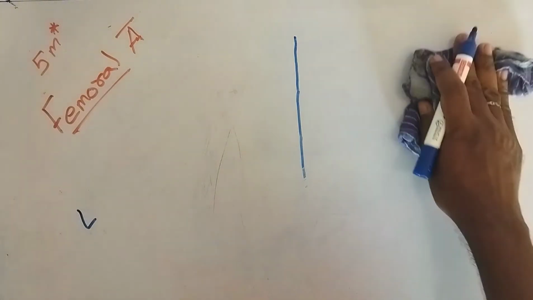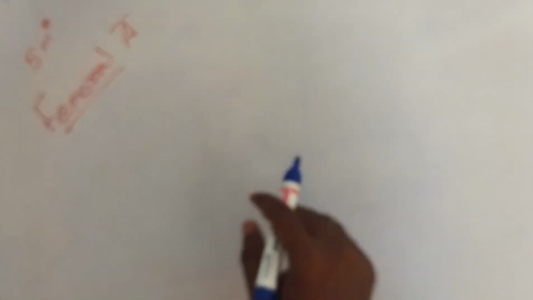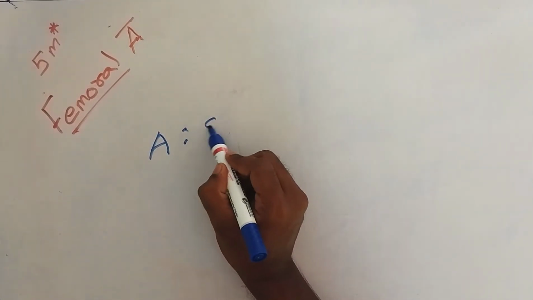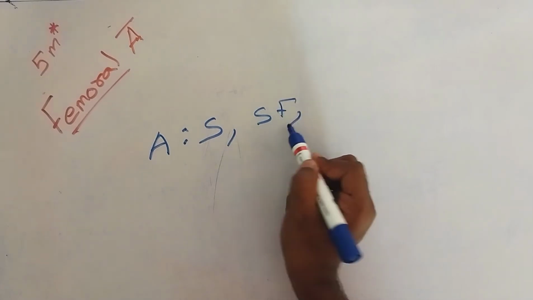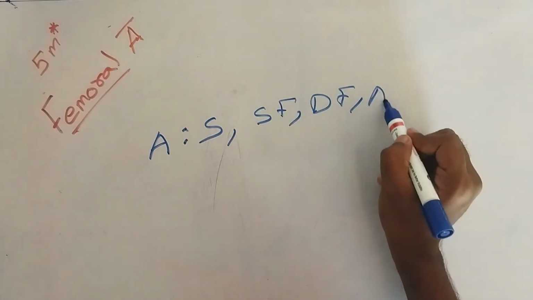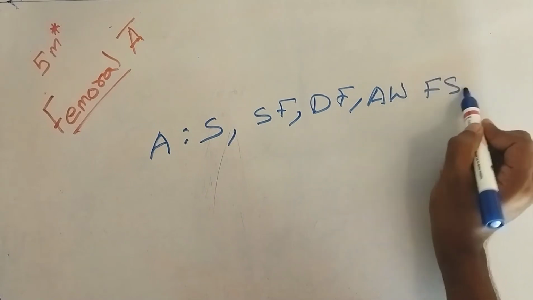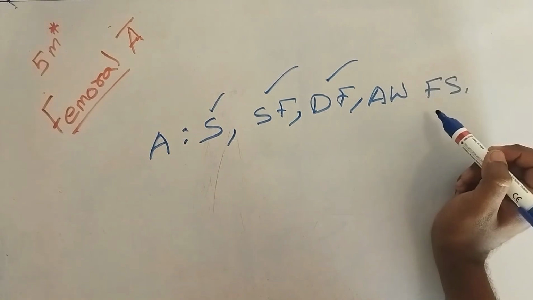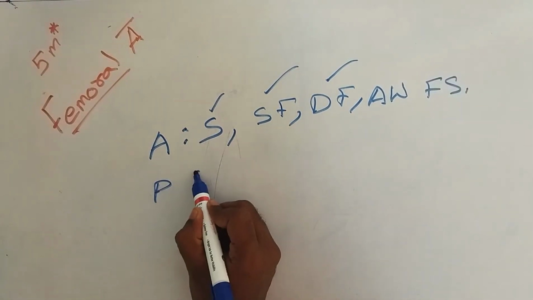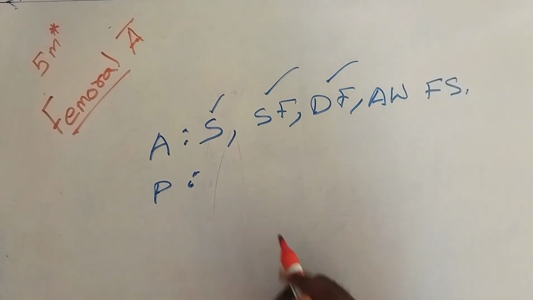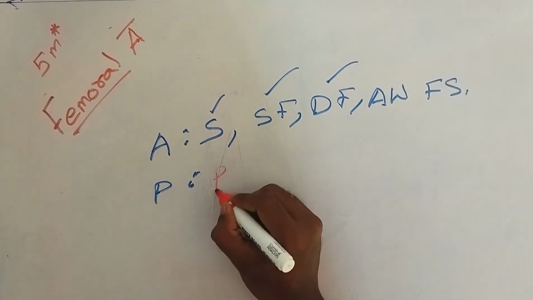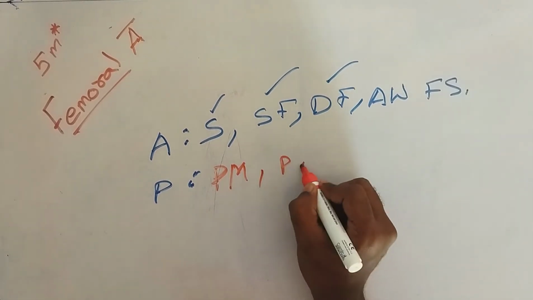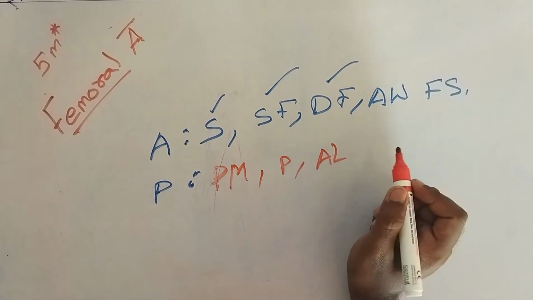Next, coming to the relations of this femoral artery. At the anterior side we see skin, superficial fascia, deep fascia, and the anterior wall of the femoral sheath. At the posterior surface we can see the psoas major muscle, pectineus muscle, and adductor longus muscle.